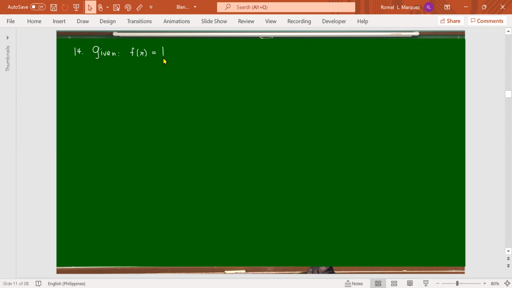Given this absolute value function, f of x equals absolute value of x minus 4, find the minimum value of f. So first let's draw the graph.